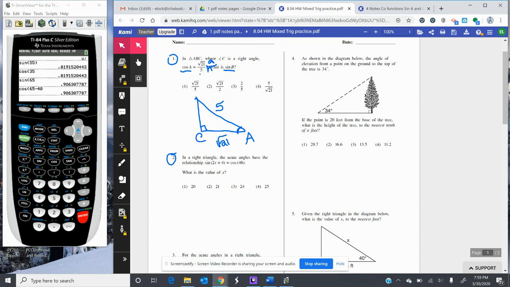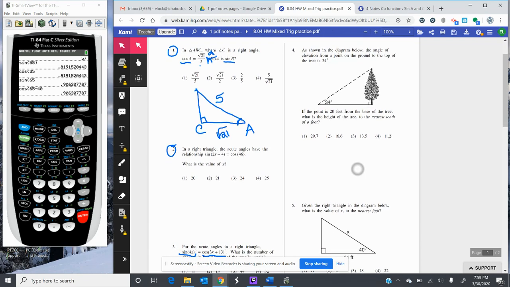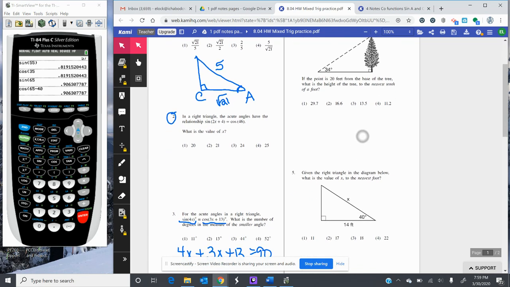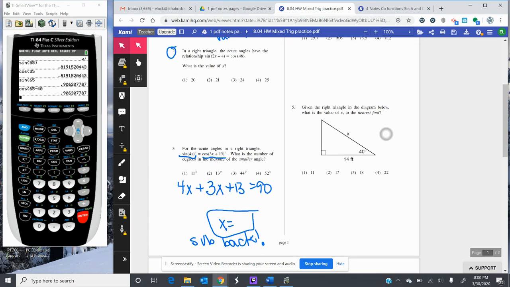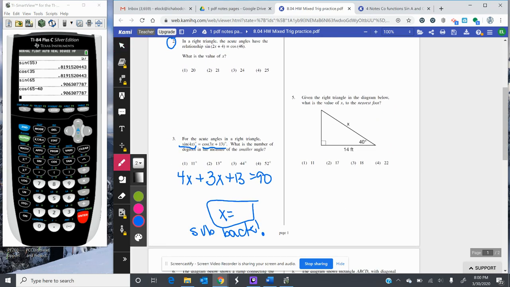Number 4 should be pretty self-explanatory. Number 5, a little hint here. When x is in the denominator, you're going to divide.